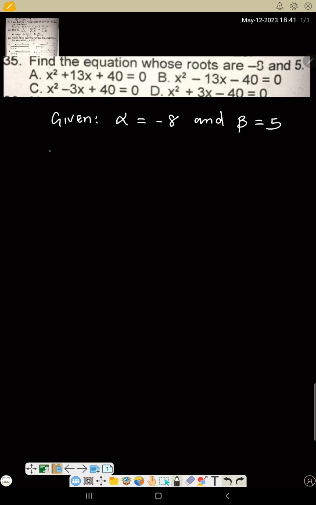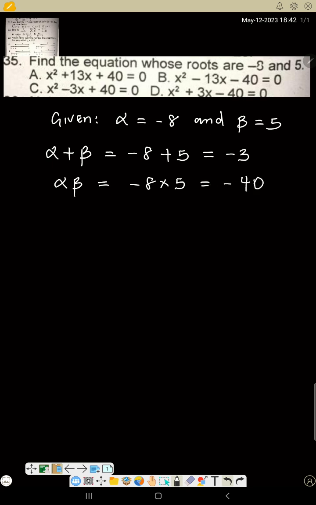So now sum of the roots alpha plus beta, that is minus 8 plus 5, that is minus 3. Then alpha beta, that is product of the roots, minus 8 times 5, that is minus 40.